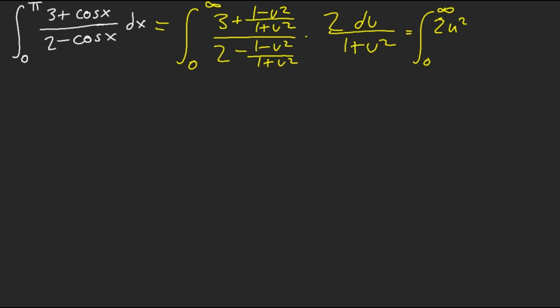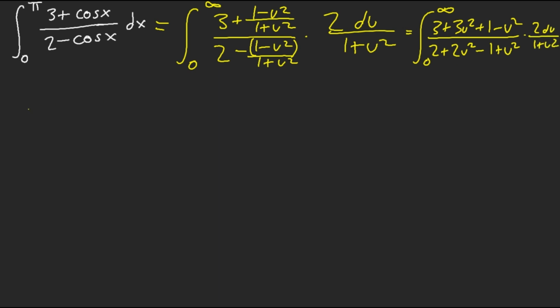Wait, let me write this down, just to be safe. 3 plus 3u squared plus 1 minus u squared. And then we have 2 plus 2u squared minus, be very careful, this is minus 1 plus u squared.